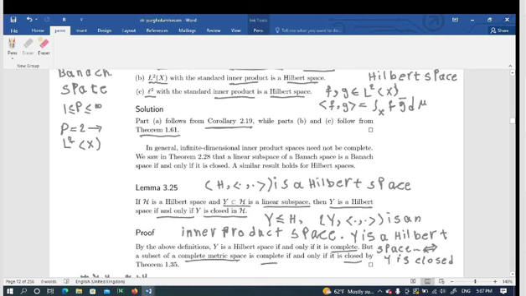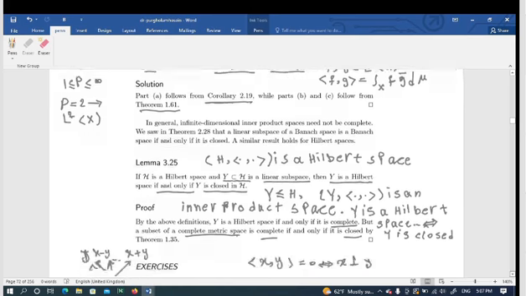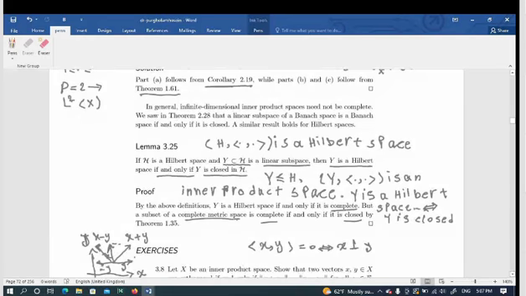So any linear subspace of a Hilbert space is a Hilbert space if and only if that subspace is closed. The proof is very easy because we know that a subset of a complete space is complete if and only if that subset is closed.